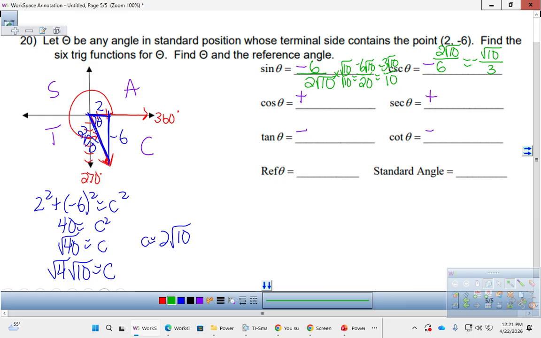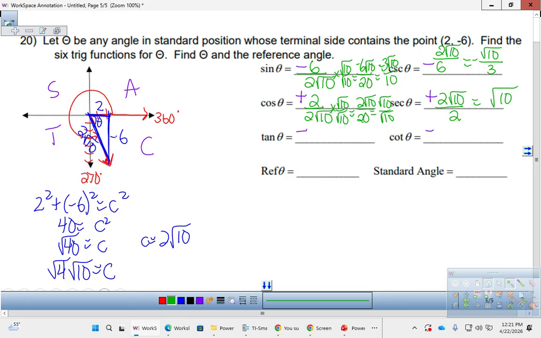Cosine is adjacent over hypotenuse. And then I can flip that for the secant, and these are positive. Now what happens for the secant is the 2's cancel out, and I just get root 10. And over here I have to rationalize. So I get 2 root 10 over 2 times 10, which is 20, or root 10 over 10 when I rationalize the denominator.